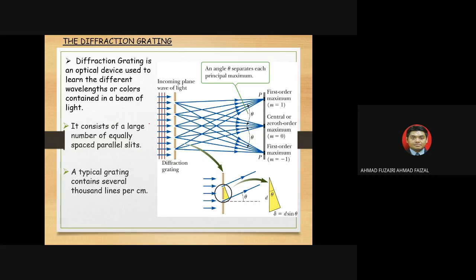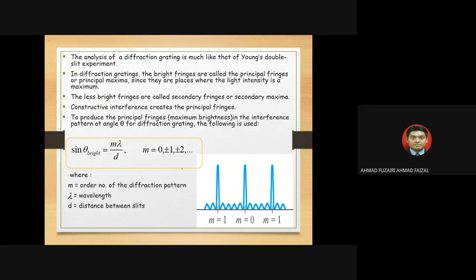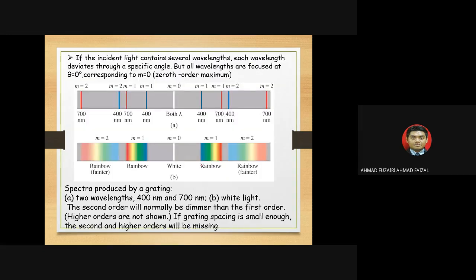So the incoming light passes through the slits and gives you a central zeroth-order maximum, and first-order maxima when m equals 1 and m equals negative 1. The equation is like this, for bright fringes. You need to use this equation to calculate everything related to the diffraction grating. So it's quite simple.